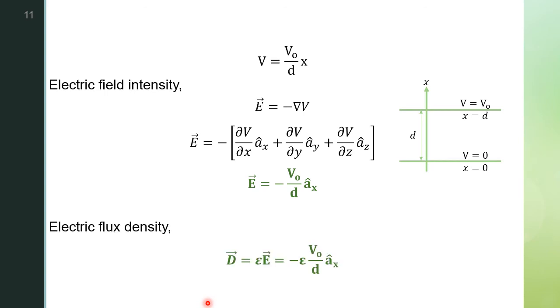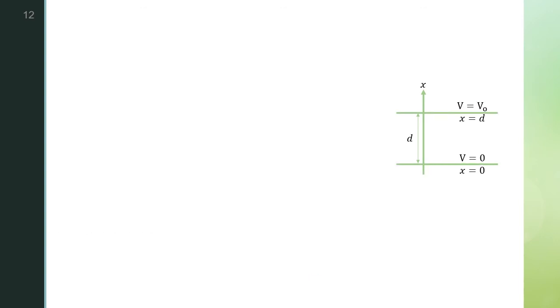Now, flux density D is given by epsilon E. On substituting, D becomes minus epsilon V0 by d ax cap. According to the boundary conditions, if you have a dielectric conductor boundary, that is, this plate acts as a conductor and the medium between them is a dielectric, then at the dielectric conductor boundary the normal component of flux density is equal to the surface charge density.